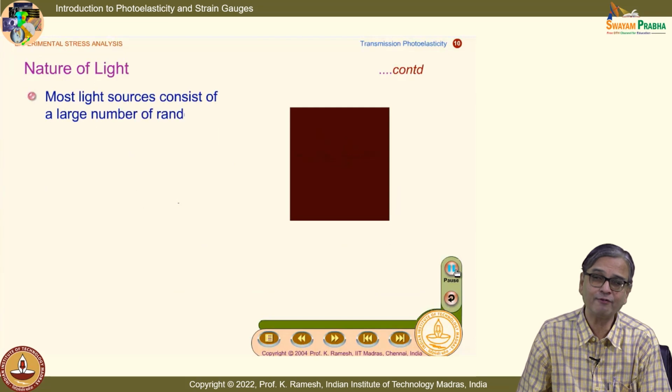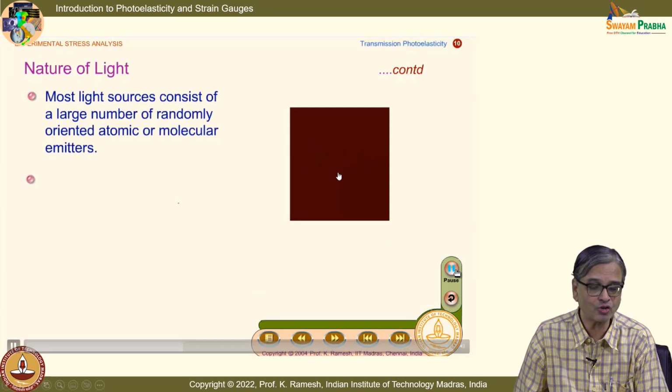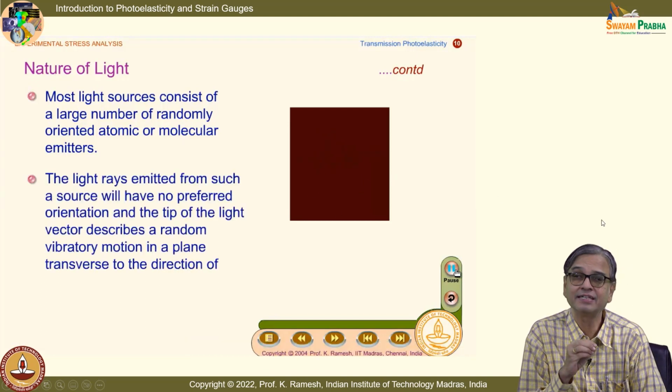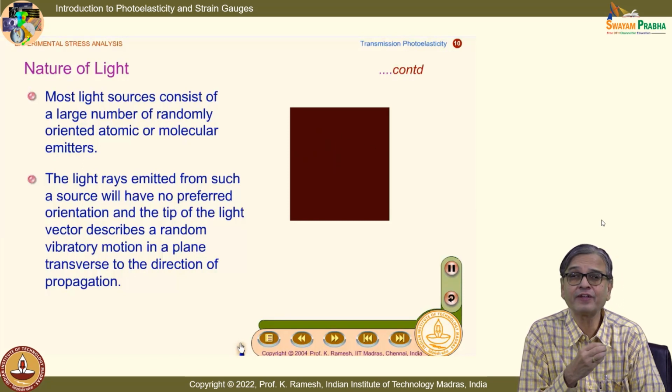See, I said you have to send a polarized beam of light mainly because the natural light source is randomly vibrating like this. The direction is different, the magnitude is also different. So, if I use that as a sensor, there is no way I can identify the modification introduced to the light because of stresses. Fine.